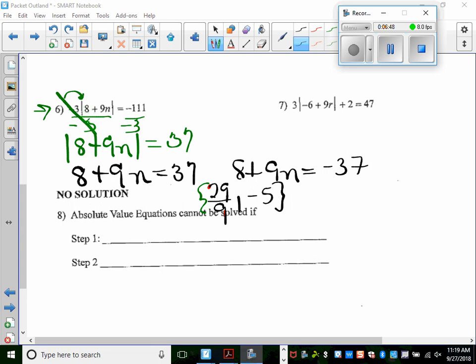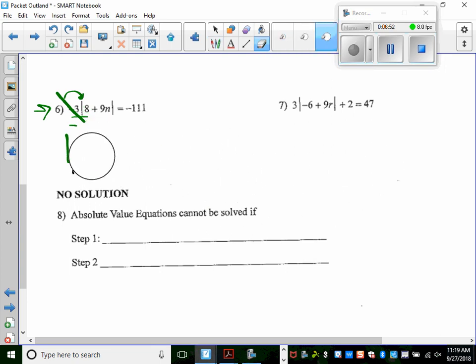All right, let's do question number 7. I'm just going to erase this so I'll have some more space. In question number 7, anytime there's a plus or a minus in the problem, just like when we solve regular equations, we start with that first.